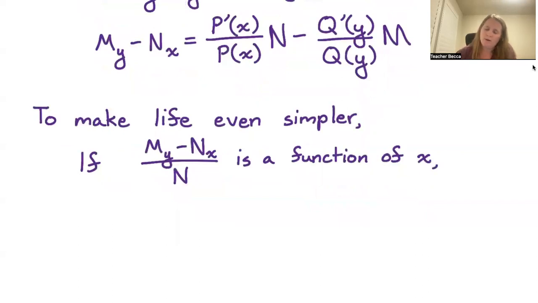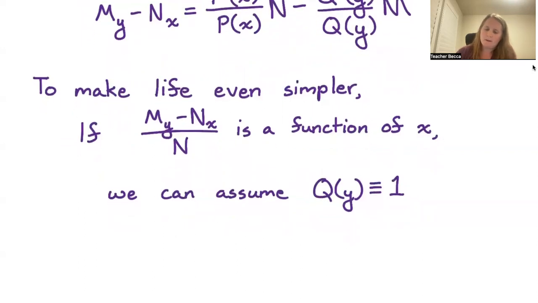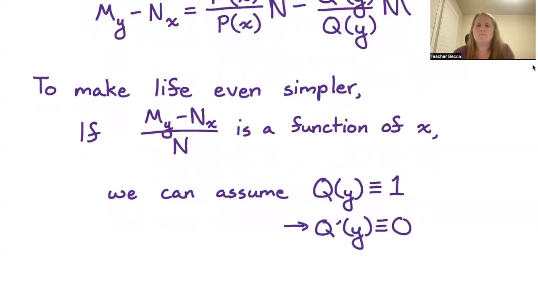So if my minus nx over n is a function of x, we can assume that q of y is identically 1, in which case q prime of y is identically 0.